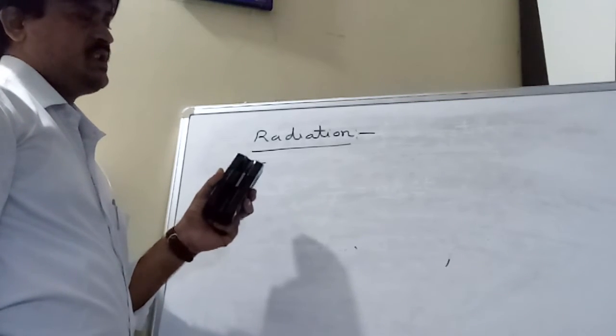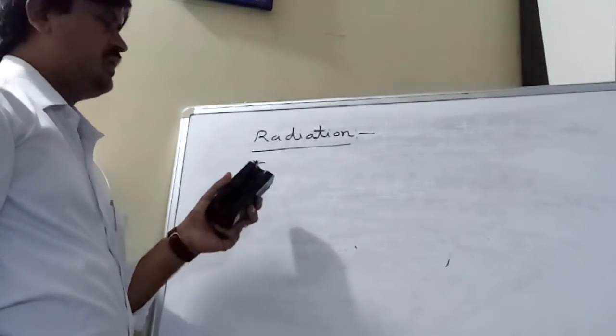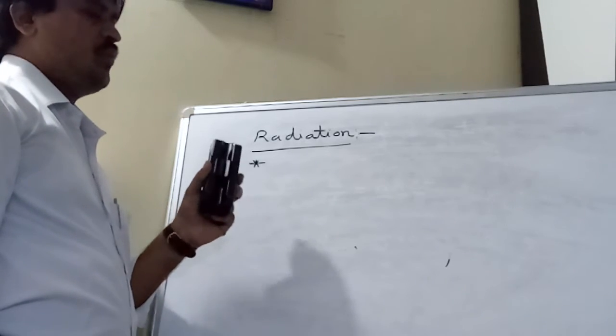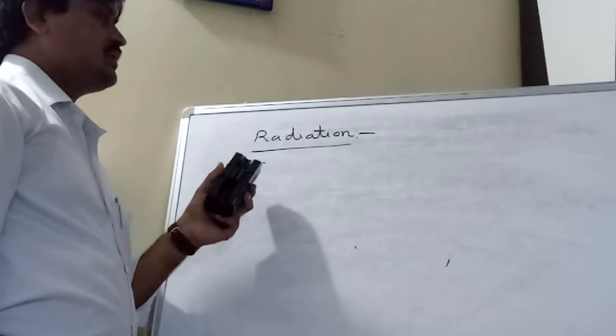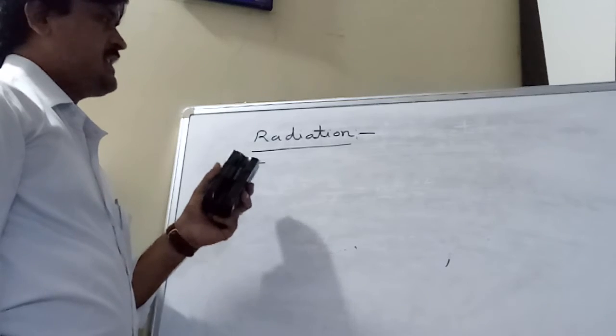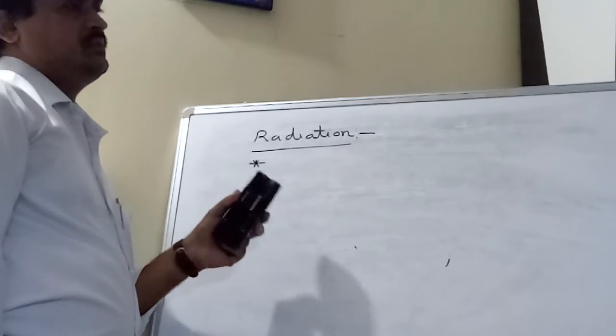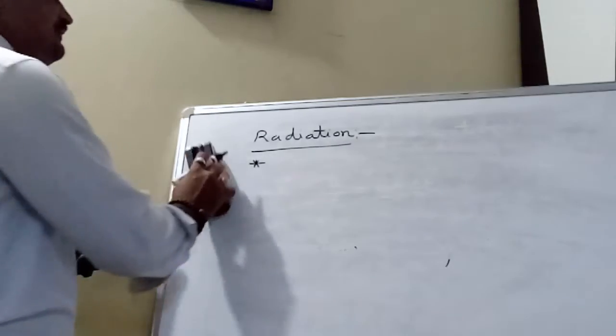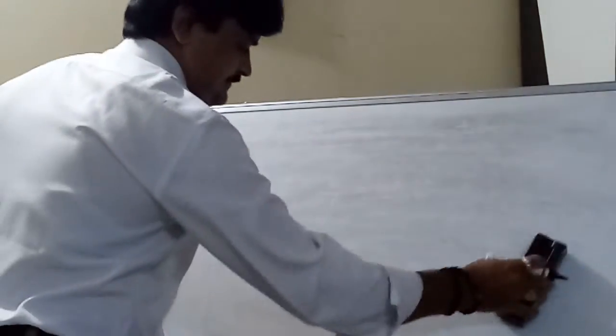Heat transfer by radiation can move in vacuum also. So radiation is the fastest compared to convection and conduction.